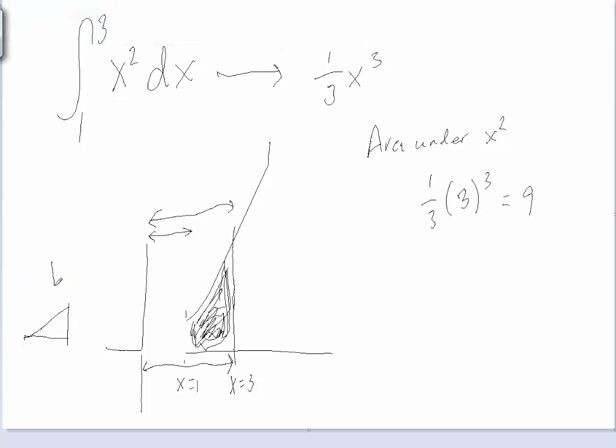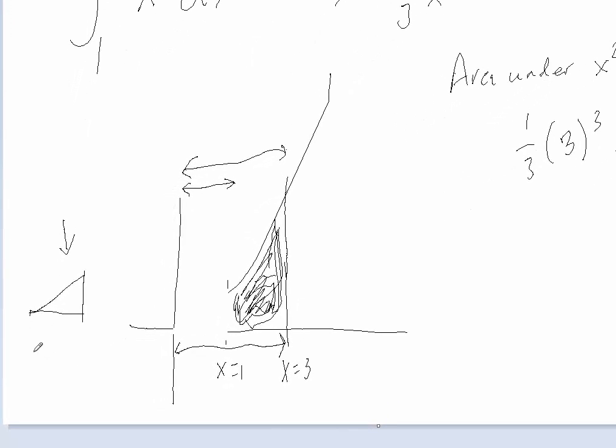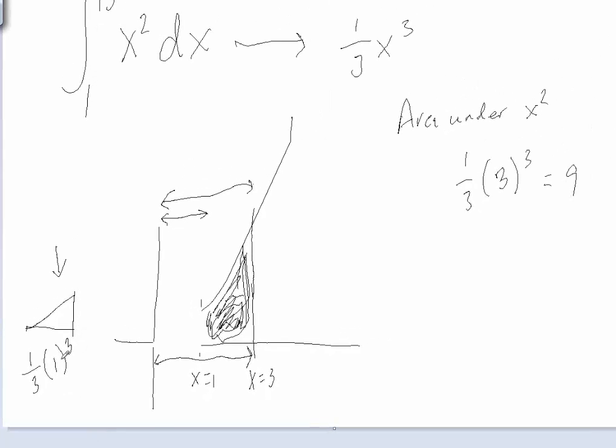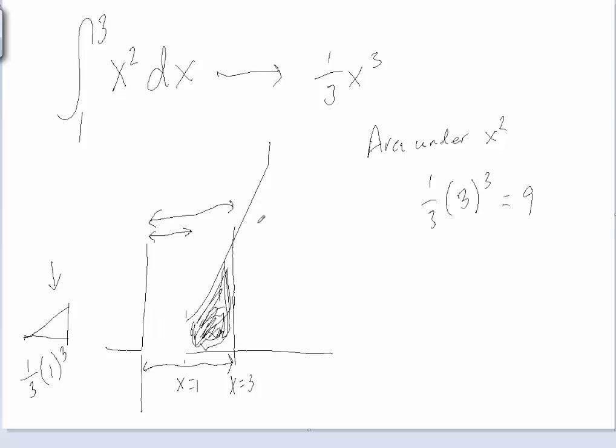Well, what's this area right here? Well, it's the area under the curve between 0 and 1, or 1/3 x cubed. So the entire area would be the area between 0 and 3, or 1/3 x cubed.